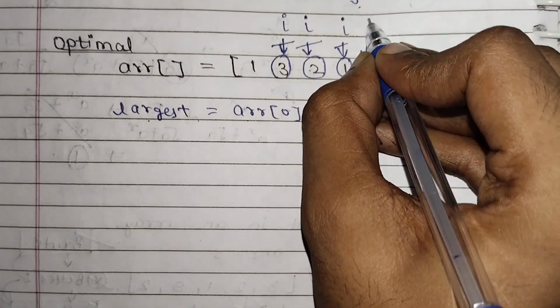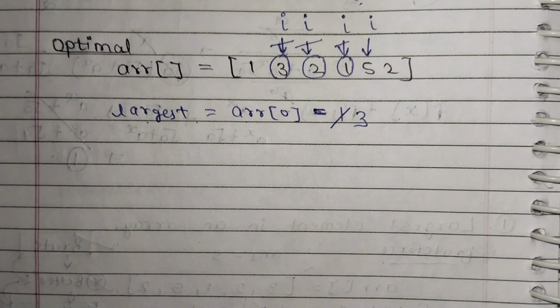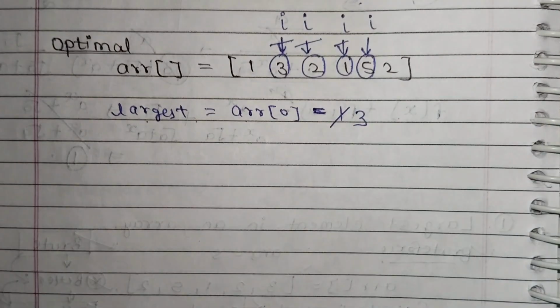Then we move on to i equal to 4, and here the element is 5, and we compare that arr element with largest. Are you greater than largest? Of course, I am greater than largest. So update yourself.